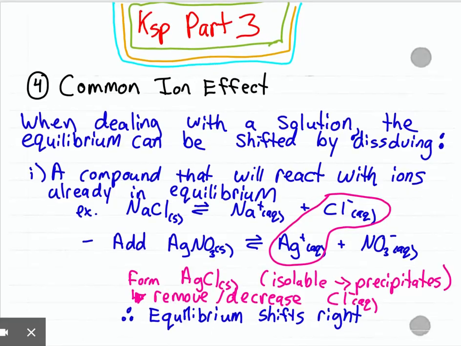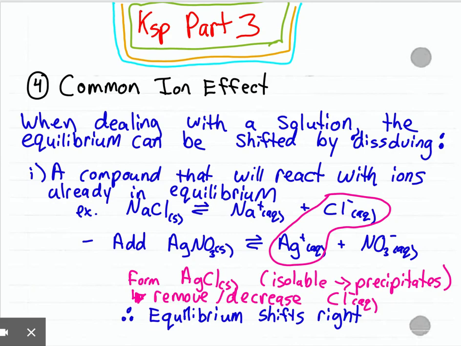The first one is something that we've actually already seen in Le Chatelier's principle. It's when we add a compound into our solution that will react with the ions in equilibrium.